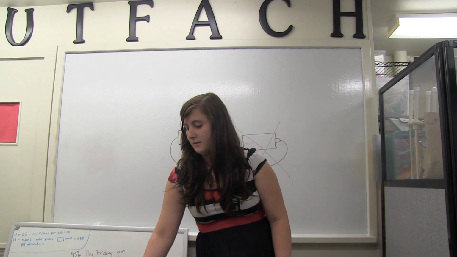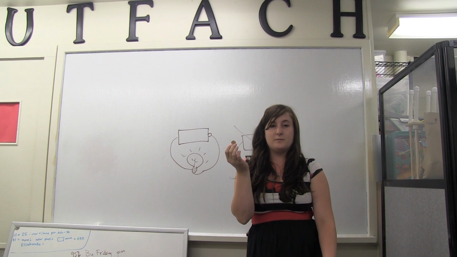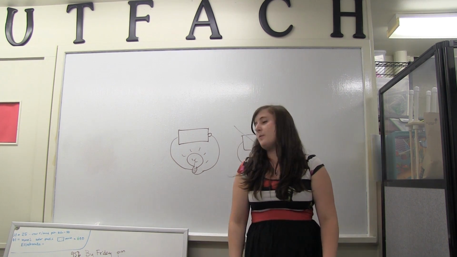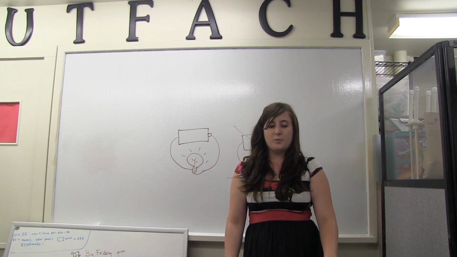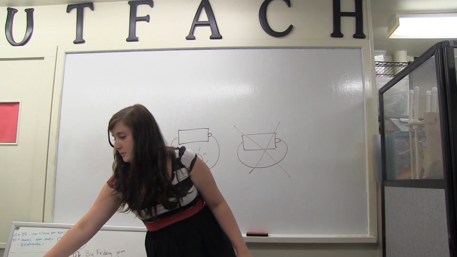So for our penny that we tested, it lit up because it's something called a conductor. So now we're going to write the definition for conductor on the board, and make sure you're filling out your vocabulary sheet as I write the definition.